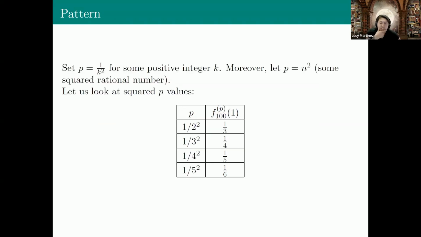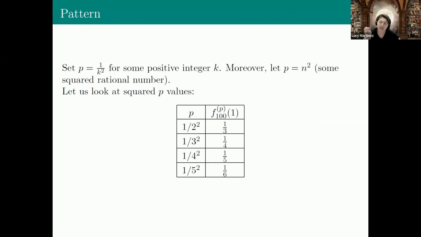So going back to the data, we want to look at the square p values. That was 1 over 4, 1 over 9, 1 over 16. And those look pretty nice, because again, p equals 1 over k squared. On the right-hand side, we have 1 over k plus 1. That's what was nice about this symmetric case.